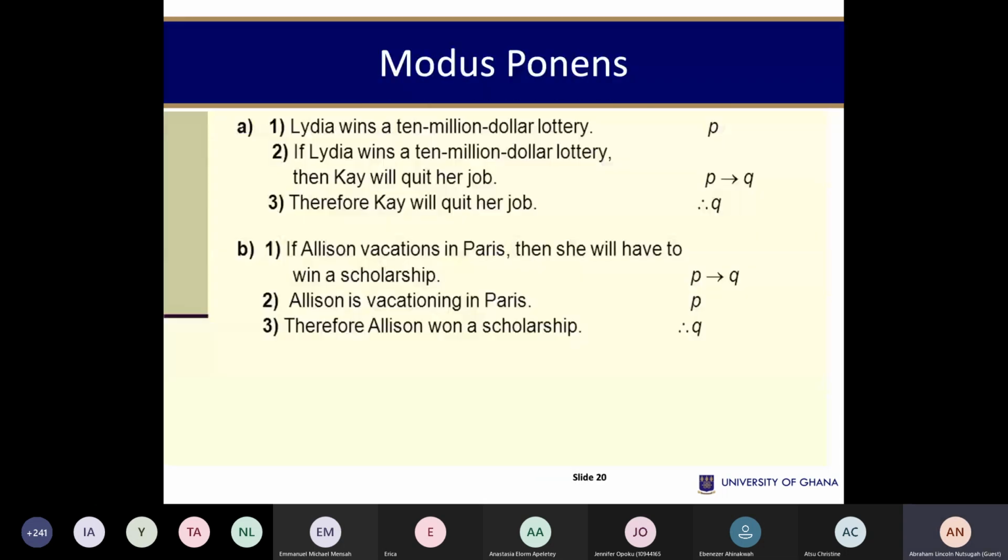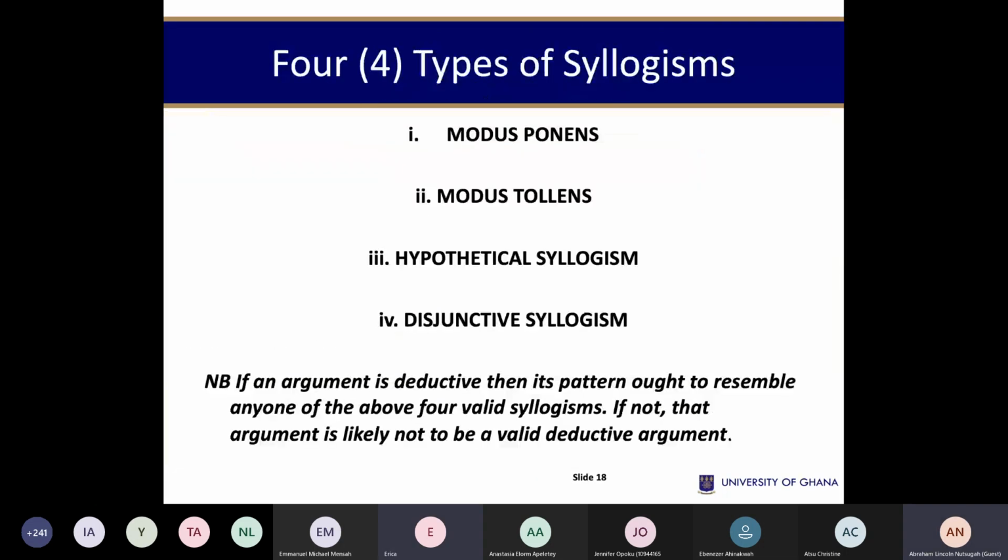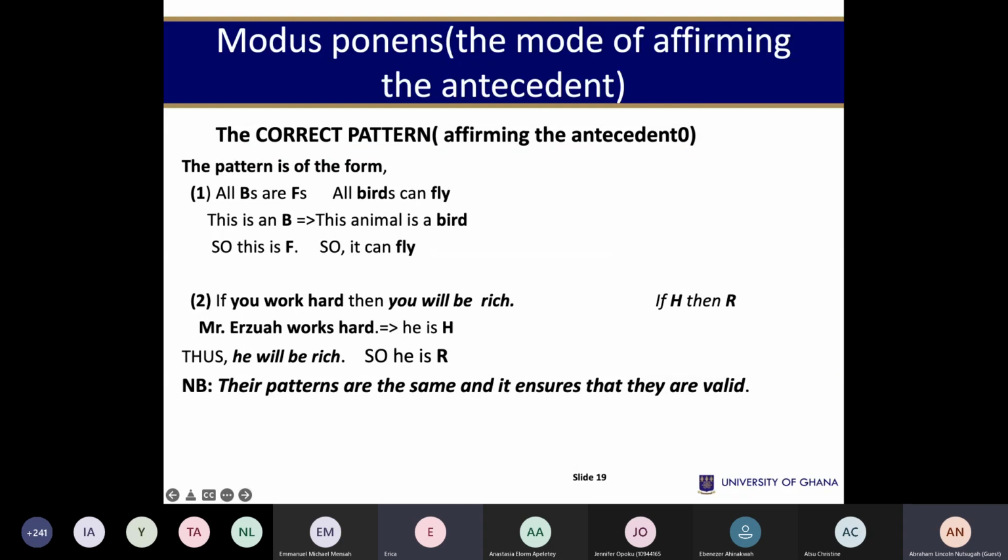So let's go back to the syllogisms where you had some concerns. If you have any question, just put your hand up. I'll be following the order, and I'll be giving priority to those who are putting their hands up for the first time. So, Anastasia Elom, I see that your hand is up. Anastasia, go ahead. Yes, sir.